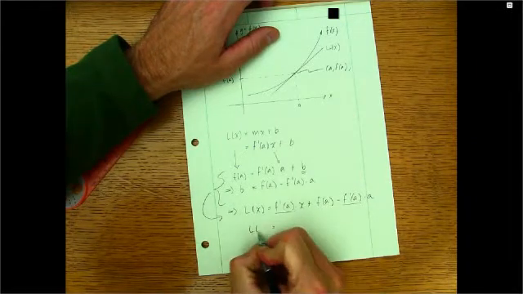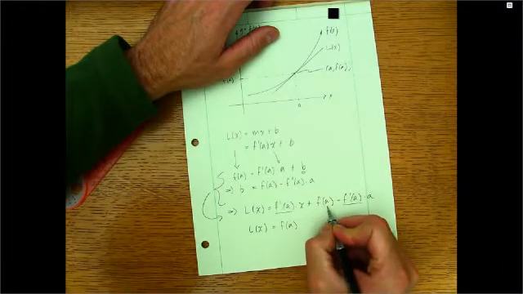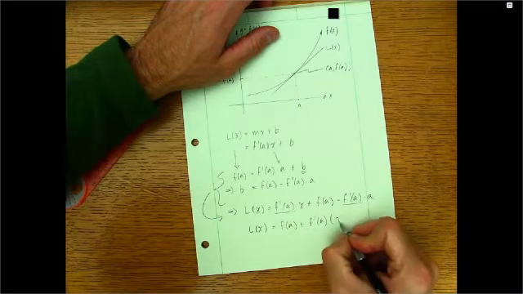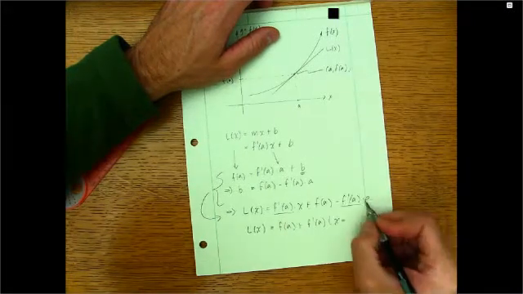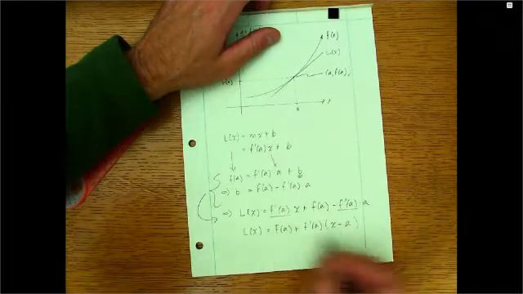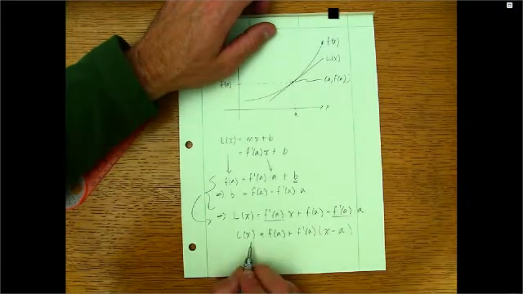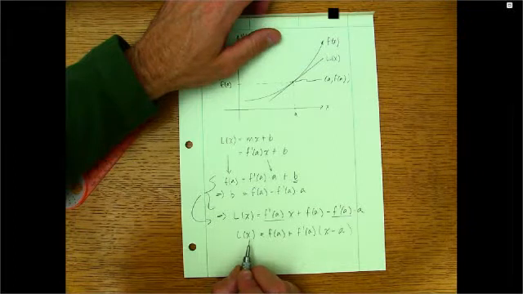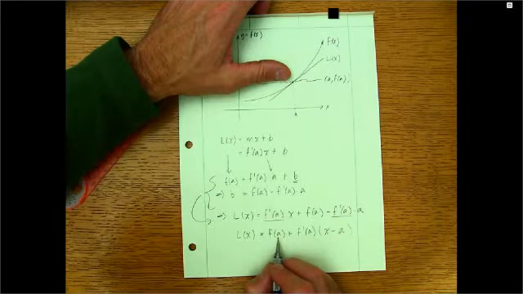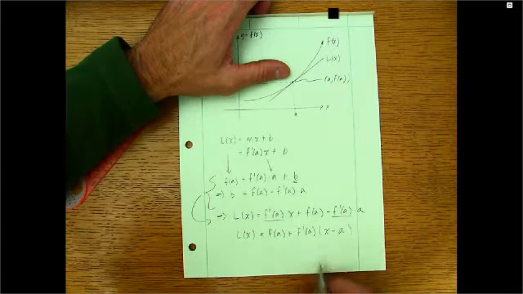So this is L of x equal to f of a, this term out in front, and the f prime of a's factor out, and I'm left with an x from this term and an a from this term. And I believe that is the definition that we provided in the previous slide, that the local linearization of the function near x equals a is given by the value of the function at a plus the derivative at a times the quantity x minus a.